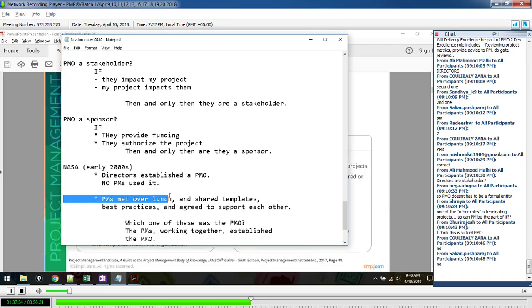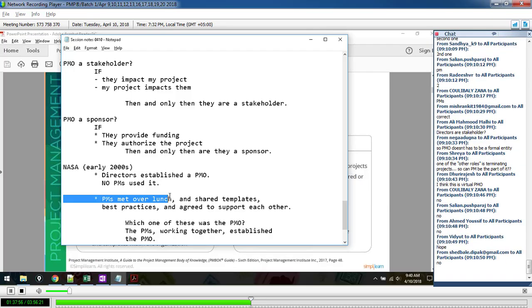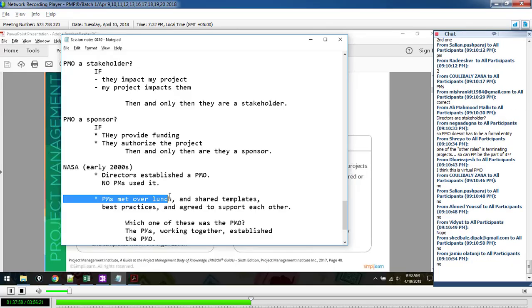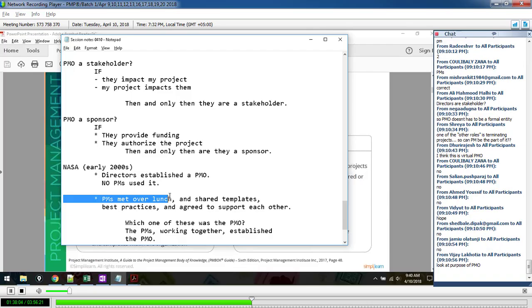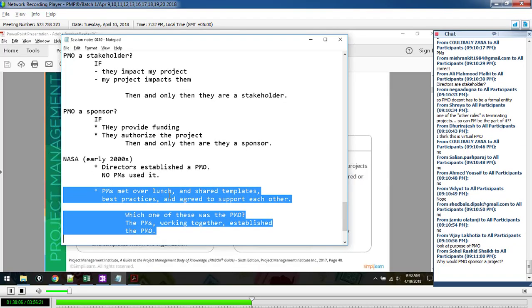Virtual, factual, formal, informal. We're talking about a role. Where does this type of work get done? This is the PMO. Why would PMO sponsor a project? We did this all the time. You know why?